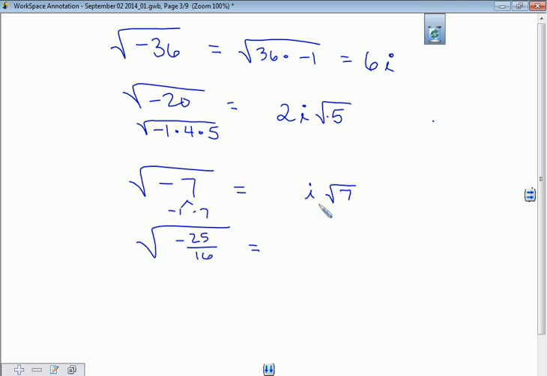If it was under the radical, that would be the square root of i, which is very different than i itself. It's like the fourth root of -1 instead of the square root of -1.